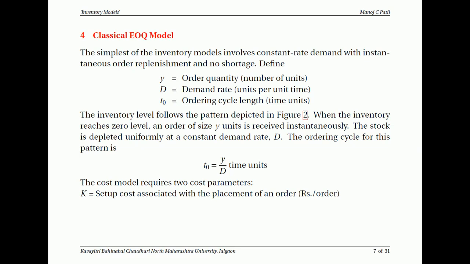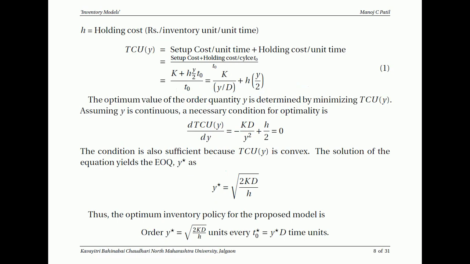K is the setup cost or order cost per order, rupees per order. Holding cost depends on inventory units per unit time. The total cost involves only setup cost and holding cost. Total cost per unit time, so we have to divide by unit time.